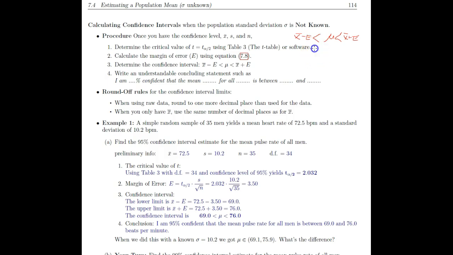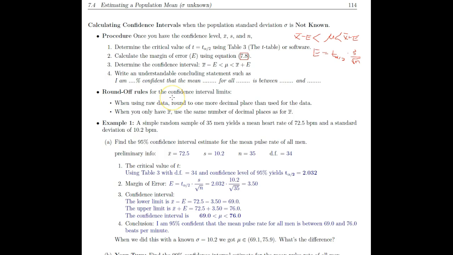And we just have to find our E value, where E is going to equal t sub alpha over 2 times s over root n. Okay? And write an understandable concluding statement, such as I am 95% confident that the mean for all such and such is between your lower bound and upper bound.